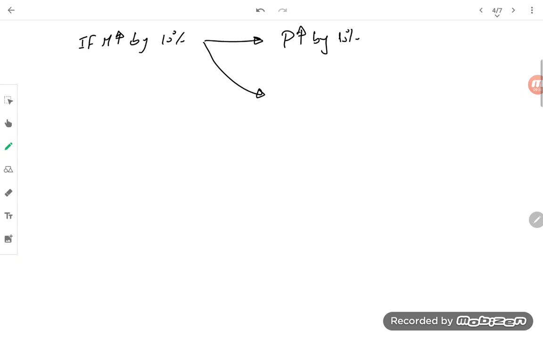So if money supply increases by 10%, we have two different situations. Either the economy is at full employment, and in this case price is going to increase by 10%, or the economy is below full employment, and in this case prices are going to increase by 5, 4, 3, anything lower than 10%.